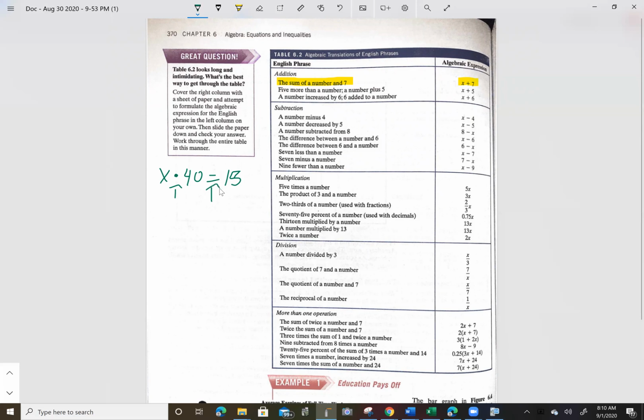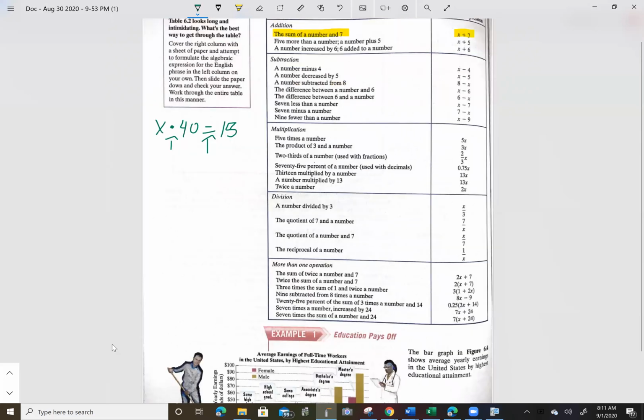So I still think this way in my head, like if I'm shopping or figuring tip or something like that. Okay, so this just goes through. I'm not going to read it off to you, but you might want to stop back on this page. Like I said, take a picture or put a sticky note in it in case you have a question when you're trying to set up a problem or translate a problem.